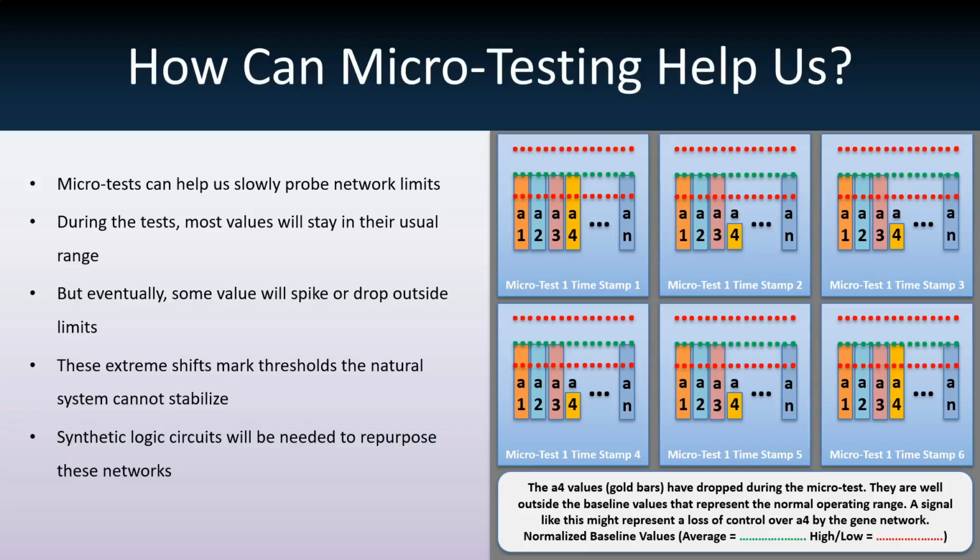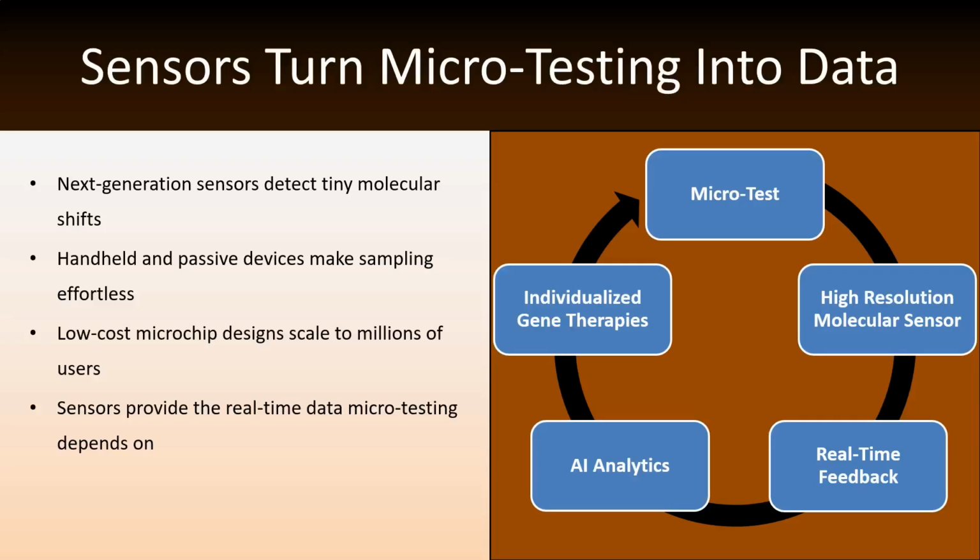And those are the points where we'll eventually need synthetic logic circuits, tools that can redistribute resources, assist other pathways, or reroute the load. These circuits will help keep the system stable as we move it toward a new normal, optimized for longevity.